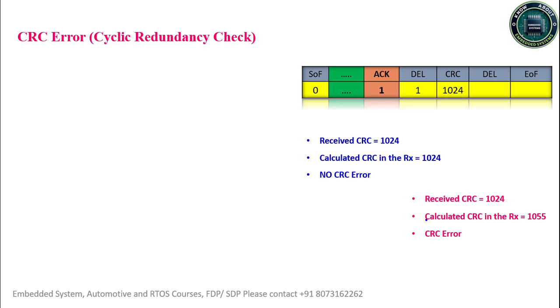In this use case, the received CRC is 1024, but the calculated CRC I'm getting is 1055. So here both are not matching. Since both are not matching, a CRC error is going to be detected on the receiver side. Okay, I hope you are clear.